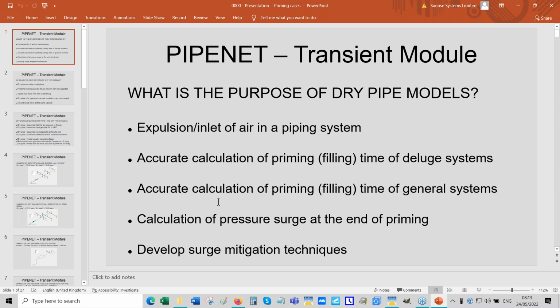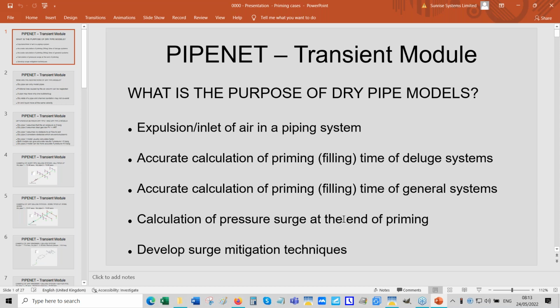Typically, you'll find that in unmanned platforms, but there are other reasons why the ring main itself could be dry. So it's not only deluge systems, it can be used for many other systems. The use today is mostly for priming deluge systems, but people are beginning to use the dry pipe capability for general systems.